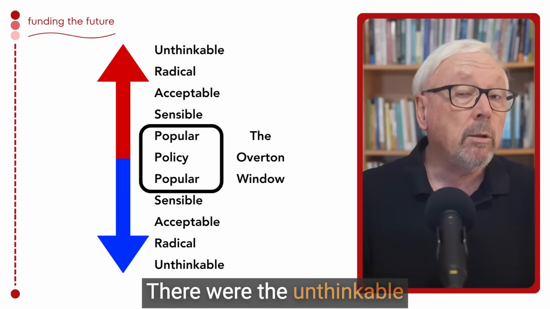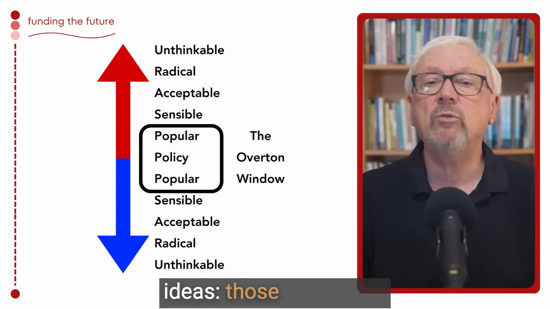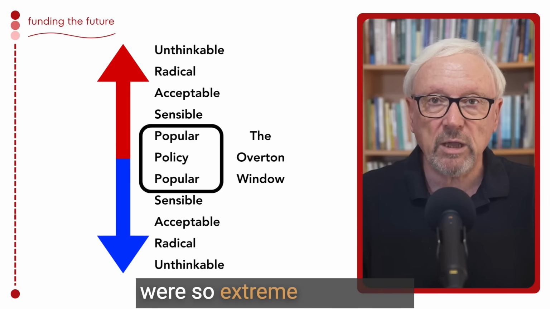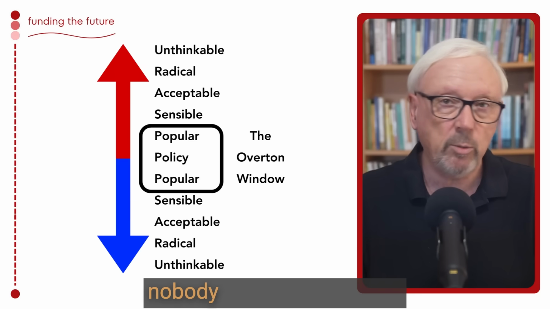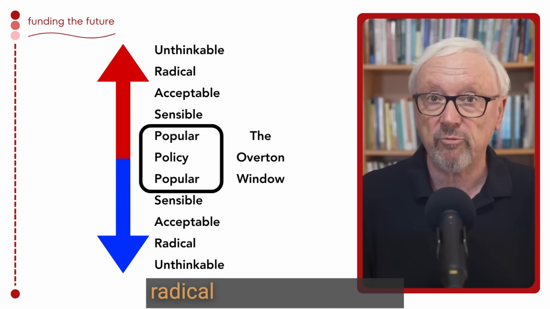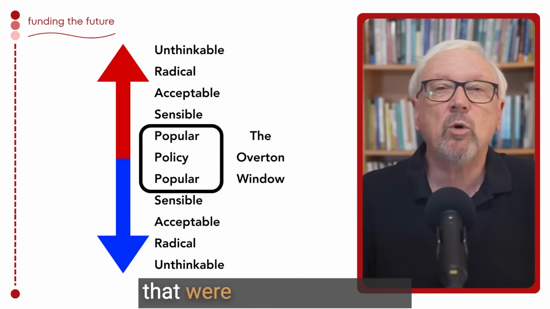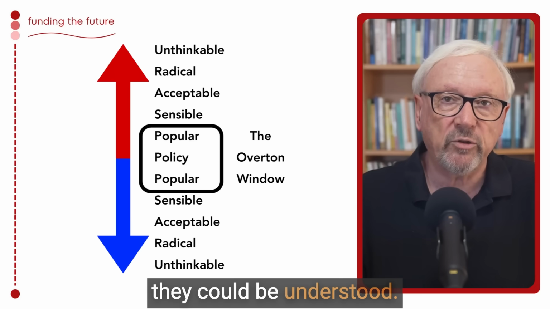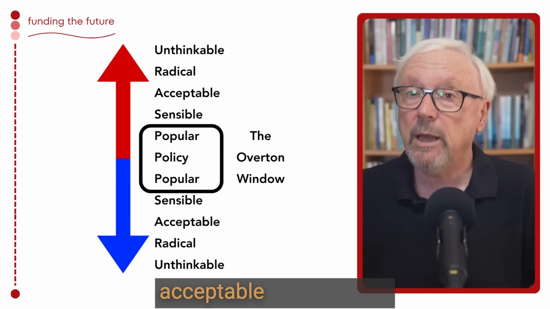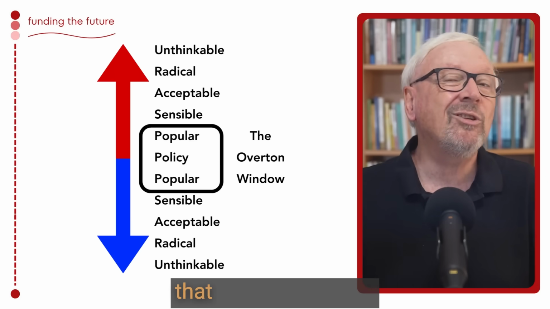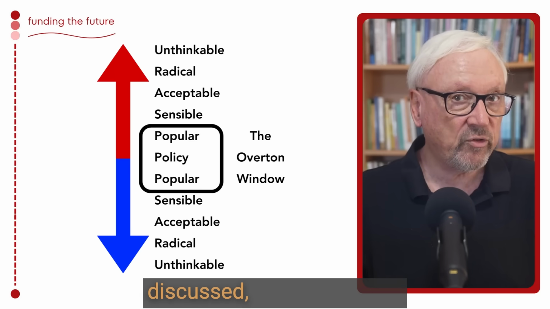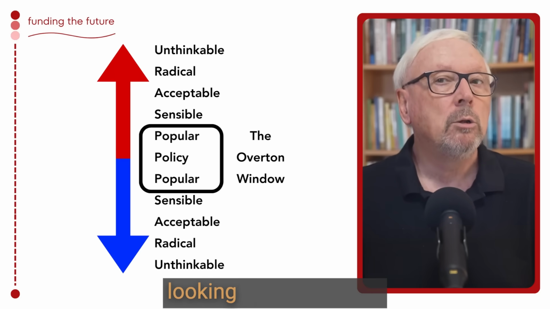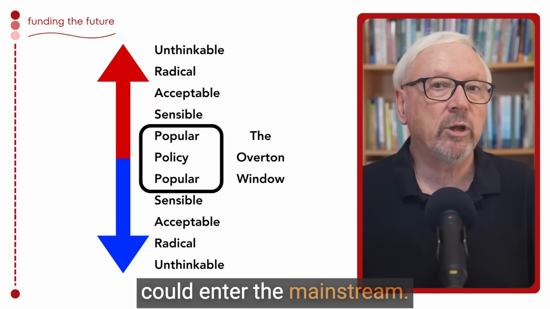There were the unthinkable ideas, those things that were so extreme with regard to the mainstream that nobody talked about them. And then there were the radical ideas, those things that were just considered to be impossible, even though they could be understood. And then there were the acceptable ideas, things that could at least be discussed and which were looking as though they could enter the mainstream.